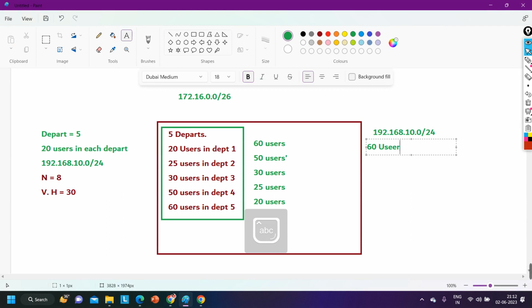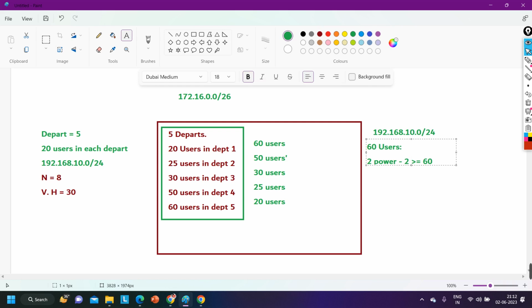If I need 60 users, the formula is 2 to the power H minus 2, and it should be greater than or equal to 60.